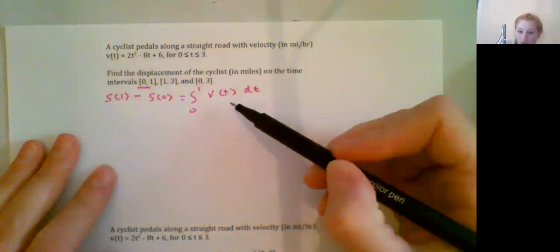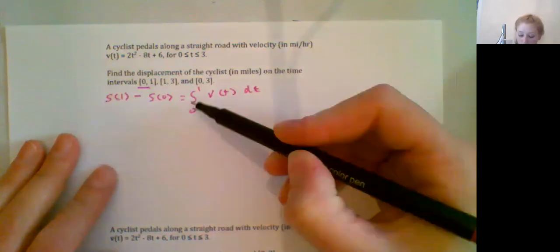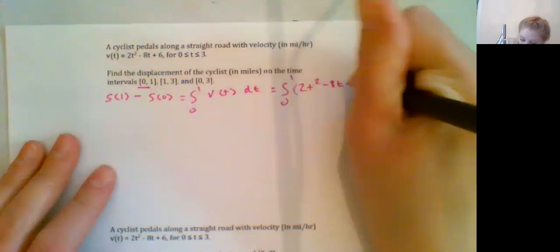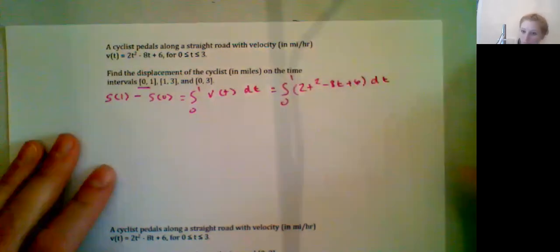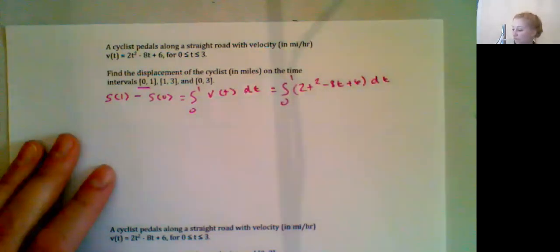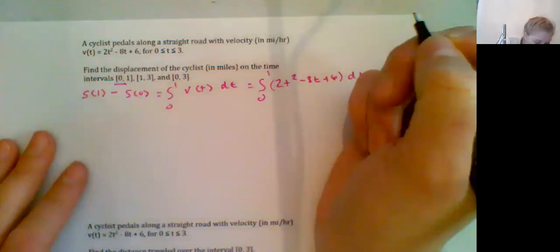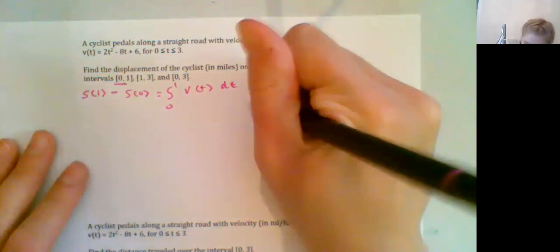Okay, so I'm going to integrate my velocity function, and then I'm going to evaluate that on the interval of 0, 1. Okay, so what this is going to look like, we're going to go ahead and substitute in our velocity function. Okay. All right, so now I'm just going to integrate this.